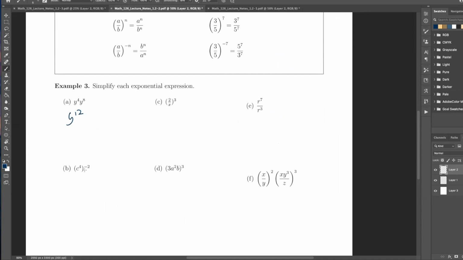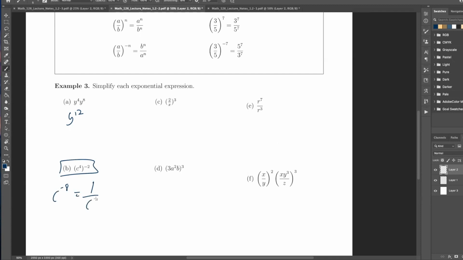Here, what would the answer be? See if someone puts that in chat. I have c to the 4th and negative 2. Yeah, so c to the negative 8. So that's correct. So here we just multiply this and we get negative 8.